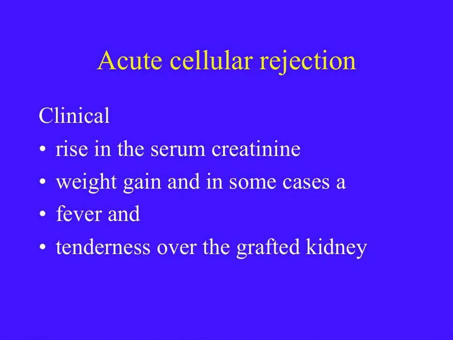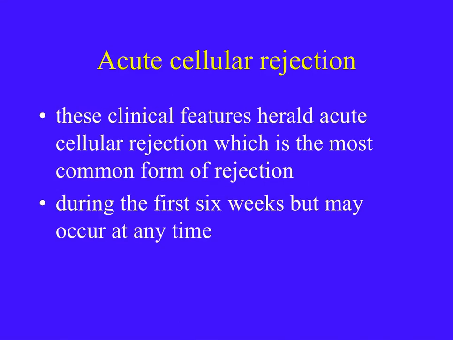So, a transplanted patient presenting with a rise in the serum creatinine, weight gain, fever, or in some cases even tenderness over the grafted kidney, all of these clinical features most likely reflect an acute cellular rejection, which is the most common form of rejection and may happen during the first 6 weeks, but can occur at any time after the transplantation.